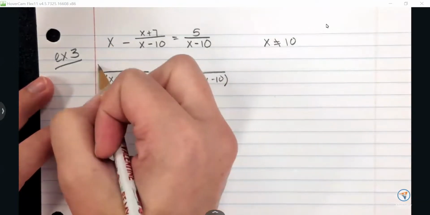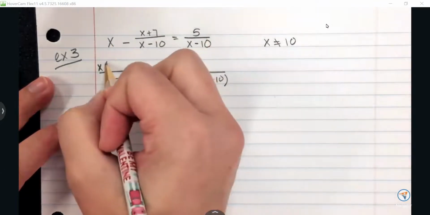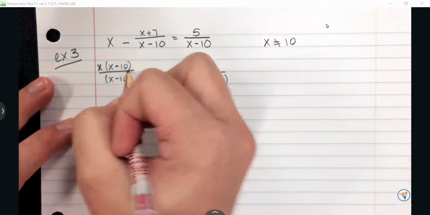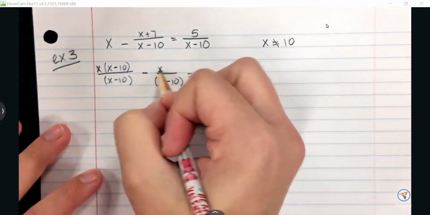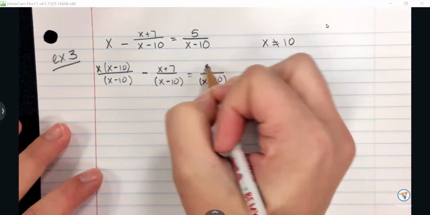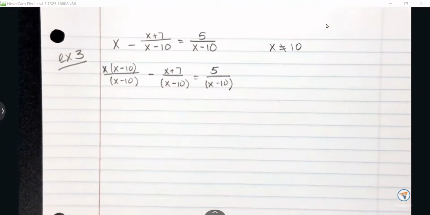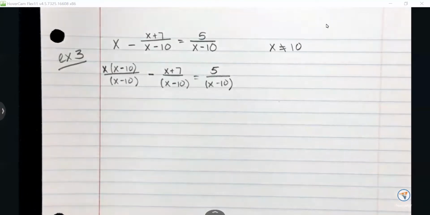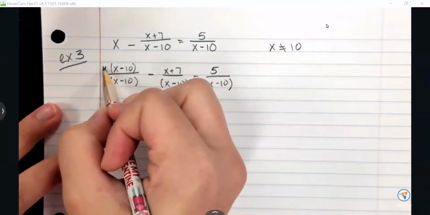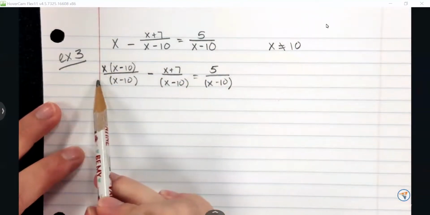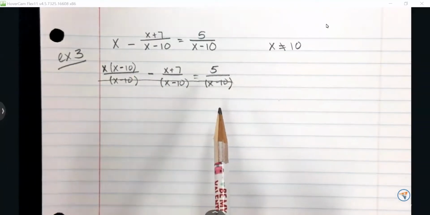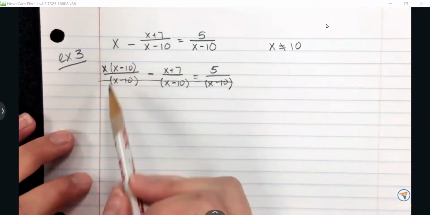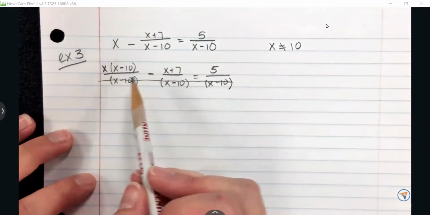I still have an x in the numerator, but I also now have to include my x minus 10 in the numerator. Okay. Questions so far? No. Should be fairly simple, right? So now I'm going to distribute. I can eliminate all my denominators because they're exactly the same, all three of them. If one of them had a plus 10, could I eliminate them?